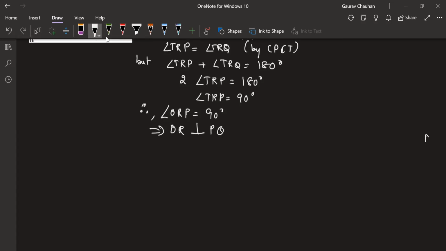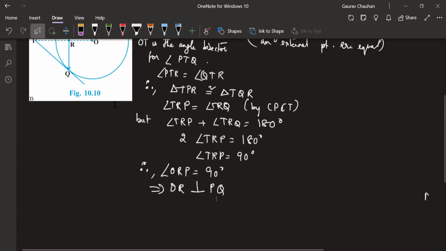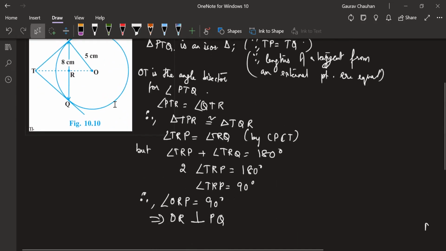Okay, if OR is perpendicular to PQ, then if you notice, OR is also the line joining the center to this chord, and a line segment which is perpendicular and passes through the center. Basically, it is the perpendicular from the center to the chord that's supposed to bisect the chord.